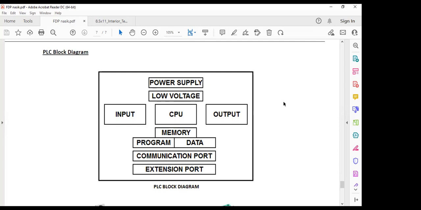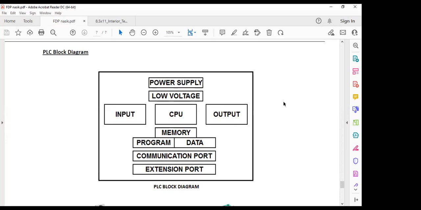Digital inputs and outputs means the inputs and outputs which are either on or off. Very simple. Digital, 0 state, 1 state. So the inputs and outputs which have 2 states, on and off, we can directly connect to the PLC input output terminals. It means we cannot connect analog input output to PLC.